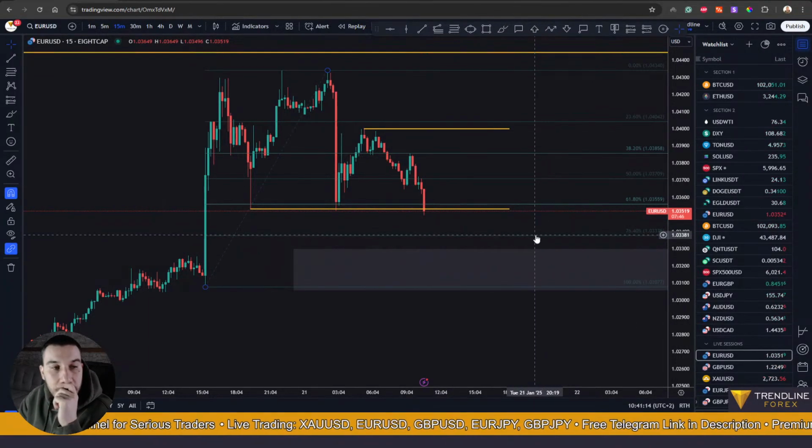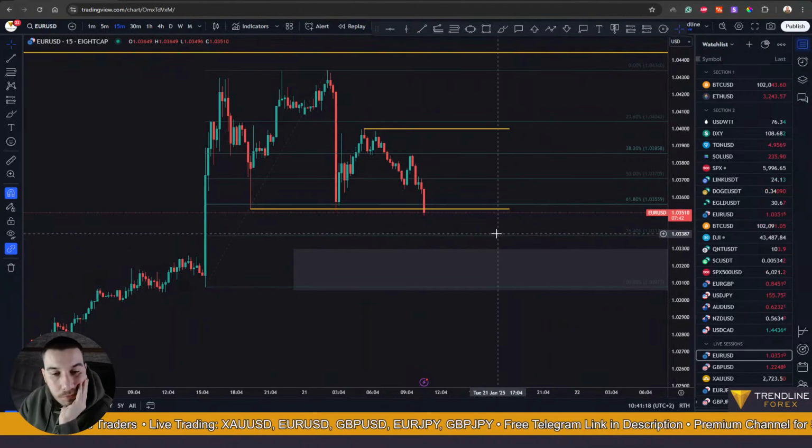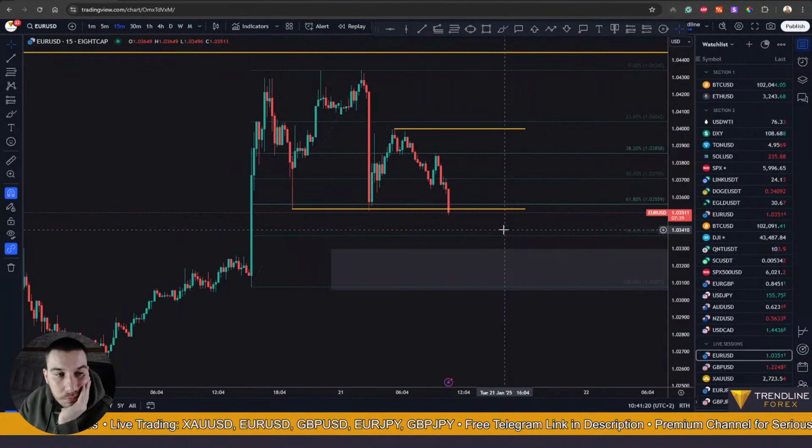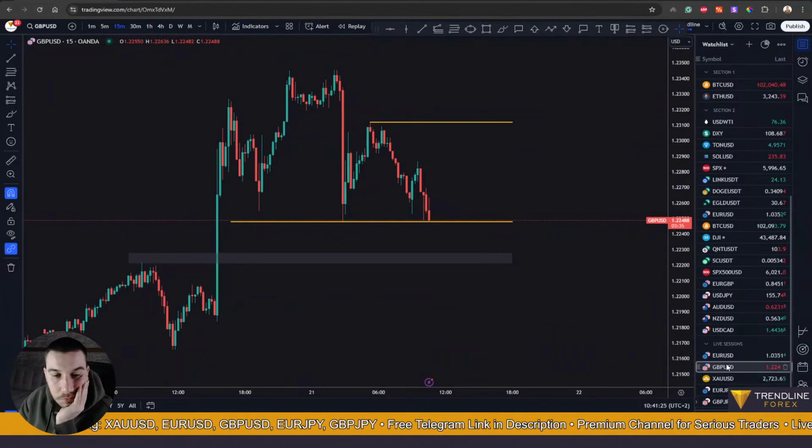Okay, about to see the breakout here on euro dollar. Same on pound dollar, obviously.